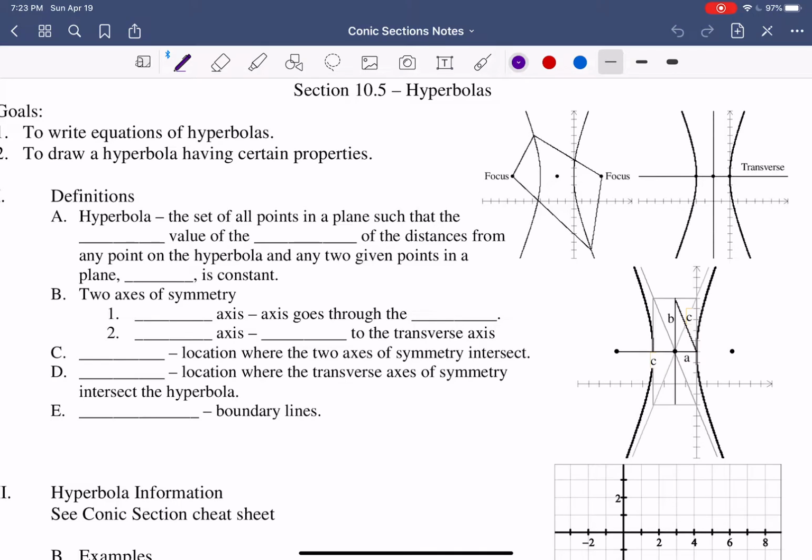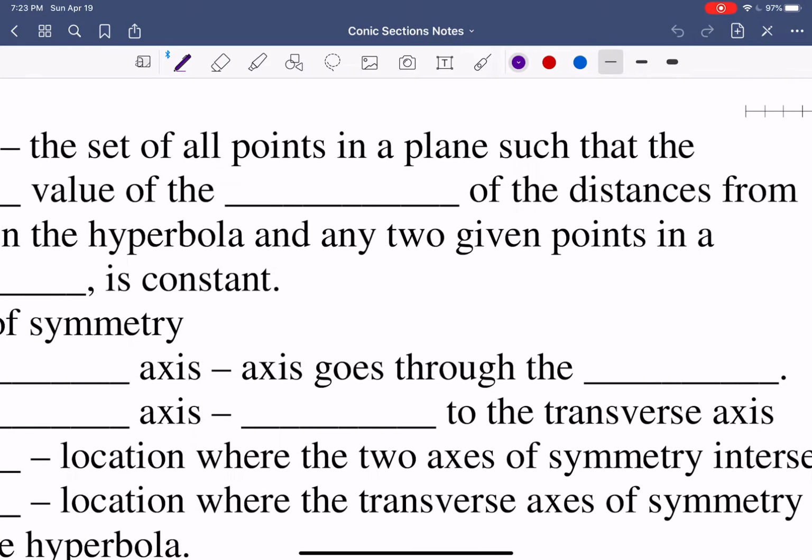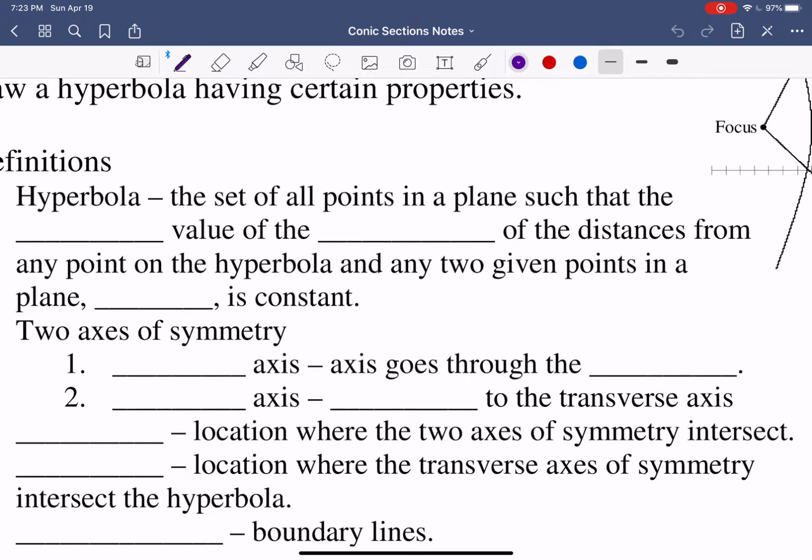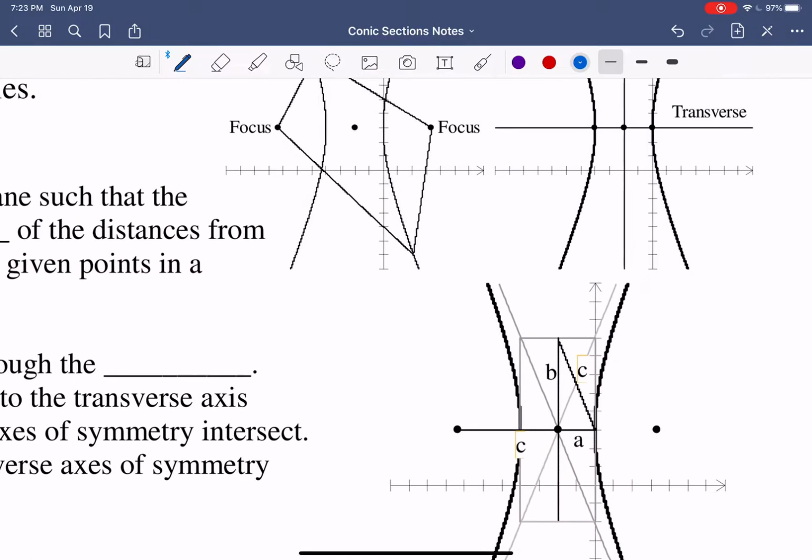So our definition of a hyperbola is the set of all points in a plane such that the absolute value of the difference of the distances from any point on the hyperbola to any two given points in a plane, which are called the foci, is constant.